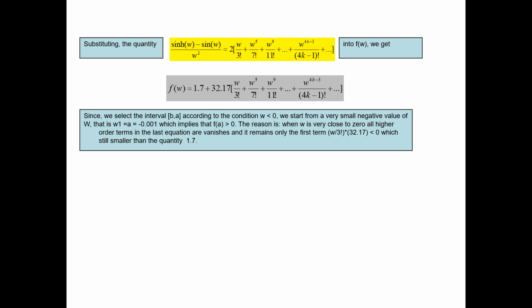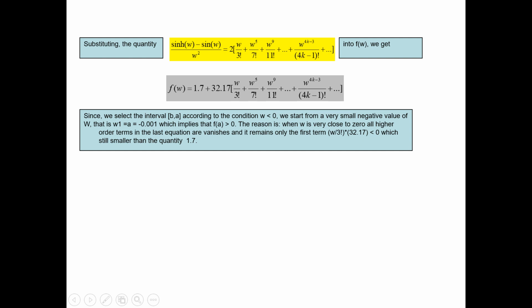Now to find the bounds, we still remember that w is negative. So if we start very close to 0 with a negative number, which is minus 0.001, or minus 10^-3, we find that f of a is positive, bigger than 0.